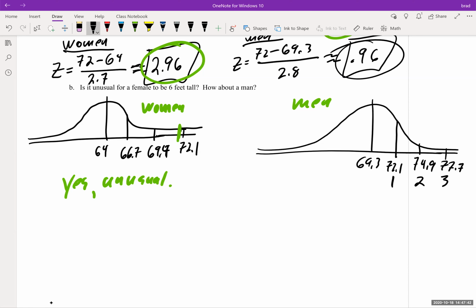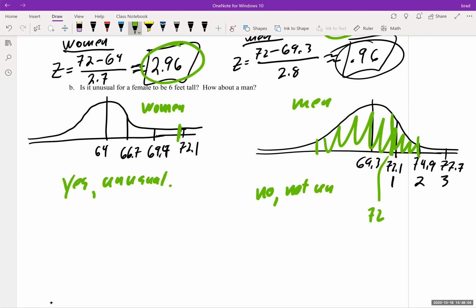We're at 0.96, so we're right here somewhere. That's where 72 is. So we're not even 1 standard deviation. Is that unusual? Isn't it said that 95% of the data is in here? So that's not unusual at all. So we would say no, not unusual. That's a lot of negatives in one sentence, but you guys get the idea.